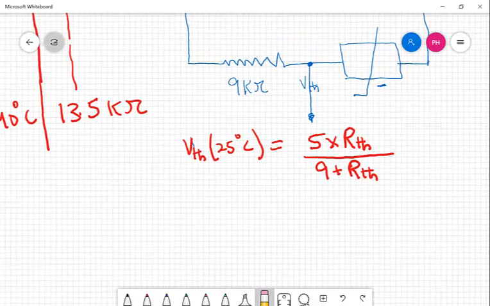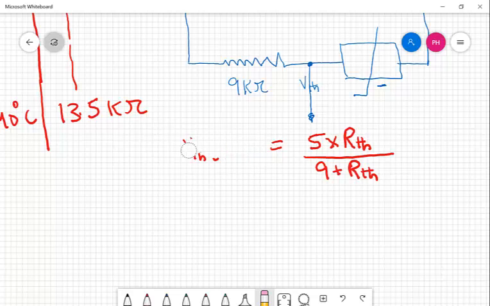This is the general formula for the voltage.